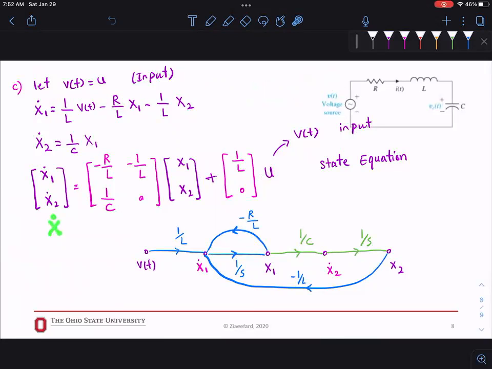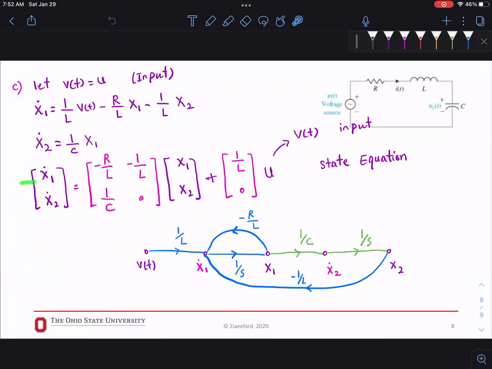So this is x dot, this is x, and this is our u. Then it becomes the A matrix and B matrix. Mathematically, for this to work, this is 2 by 1, so A has to be 2 by 2, so there will be 4 elements in it.